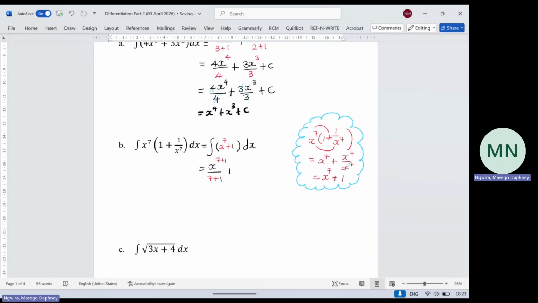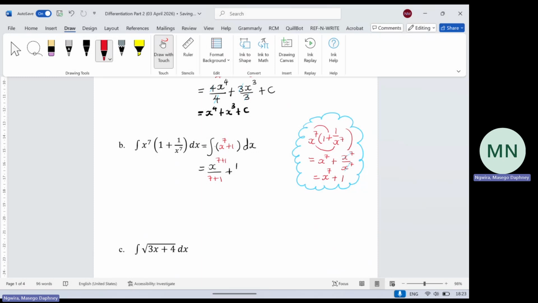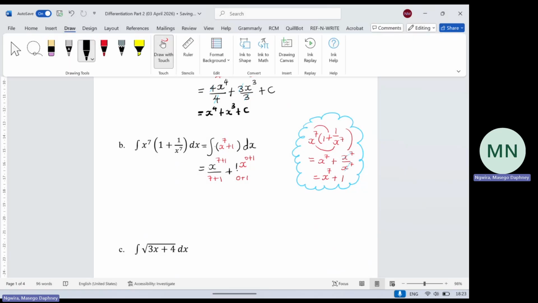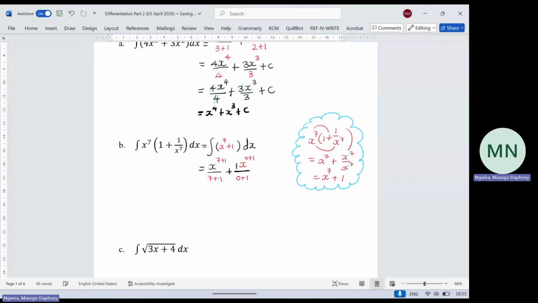So with this one, it's going to be 1, then x to the power of 0 plus 1, then over 0 plus 1. If you remember from the last lesson, please go back to the first lesson of integration, the one before this one, okay? And then this will be just plus c. Never ever forget the plus c.